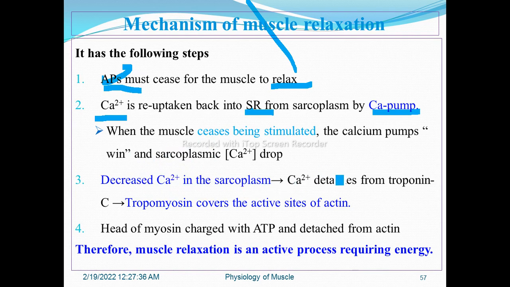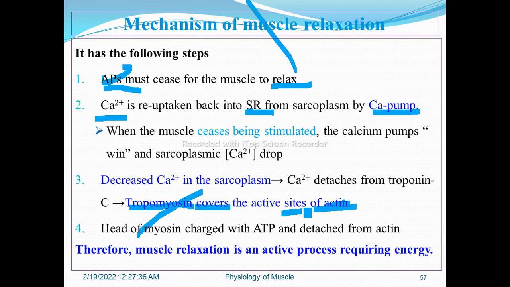With decreased calcium in the sarcoplasm, calcium detaches from troponin C. If troponin C is detached, tropomyosin will cover the active sites of actin. Before, tropomyosin was uncovered; now tropomyosin covers the active sites of actin.